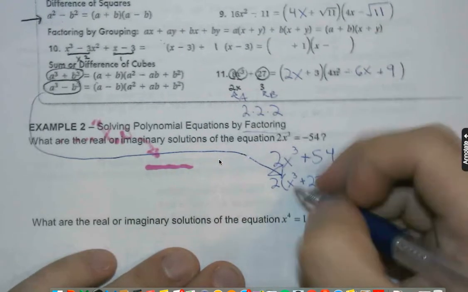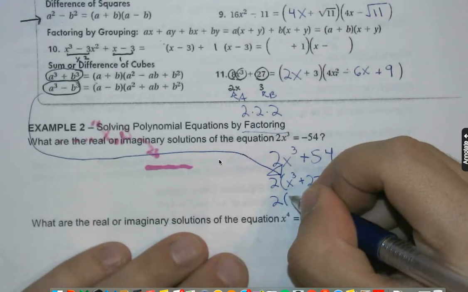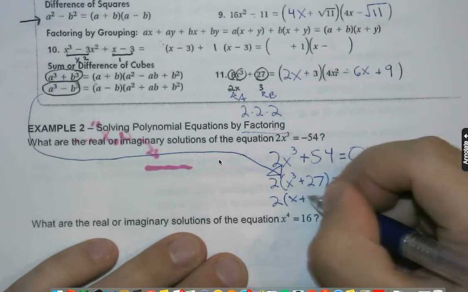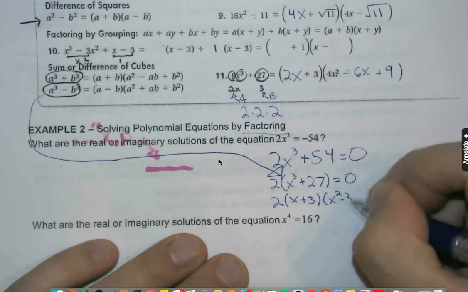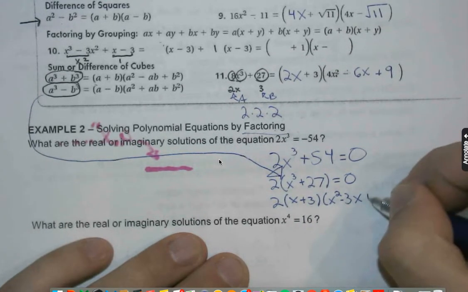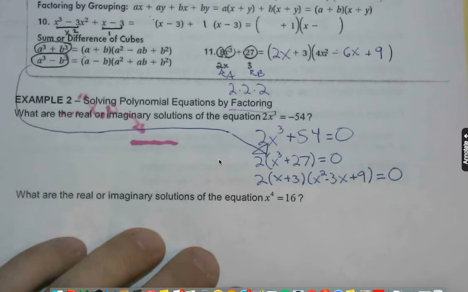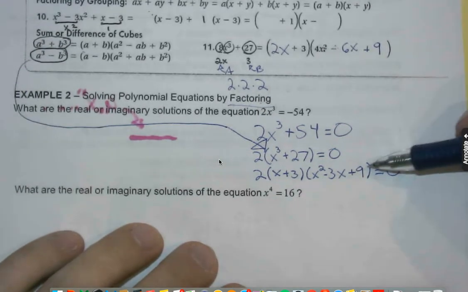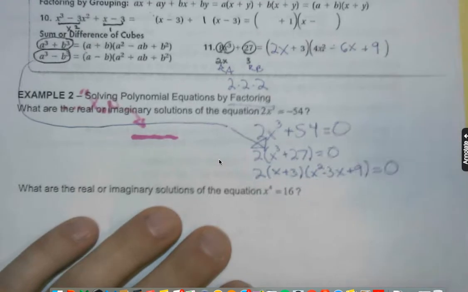This can be factored further to 2 times x plus 3, parentheses, x squared minus 3x plus 9, equals 0. So this actually can't be factored further, so we only really have one answer that's real, at least.